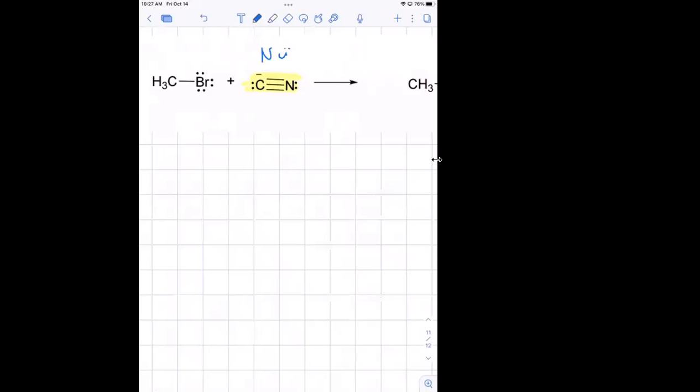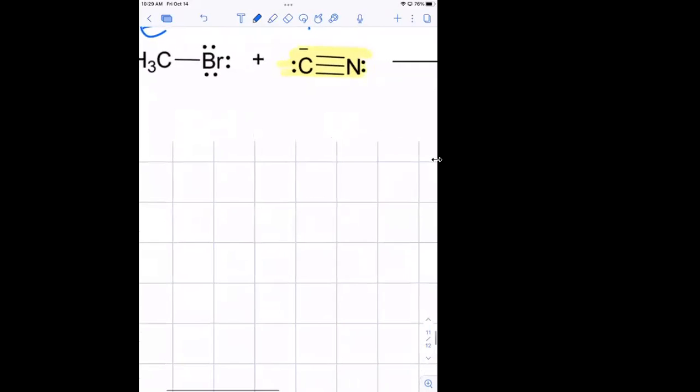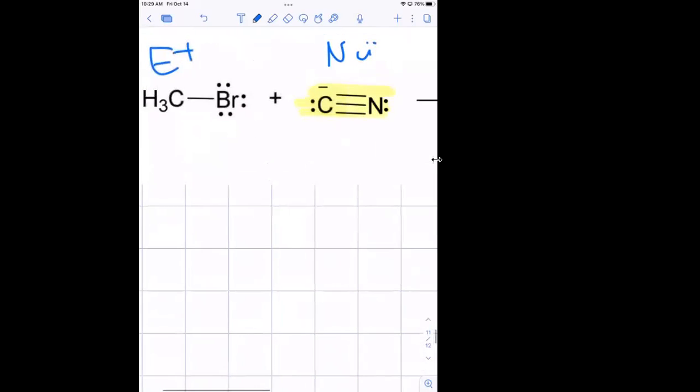And then this is my electrophile. Because of this dipole, it's the carbon that reacts. Are y'all following?